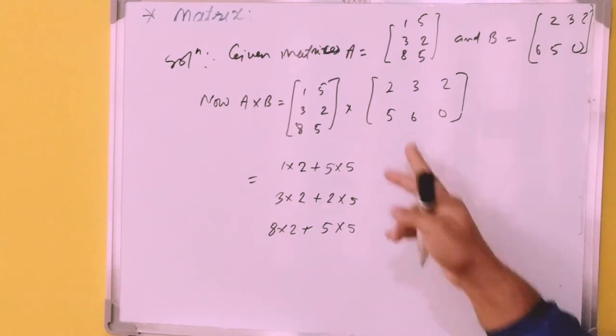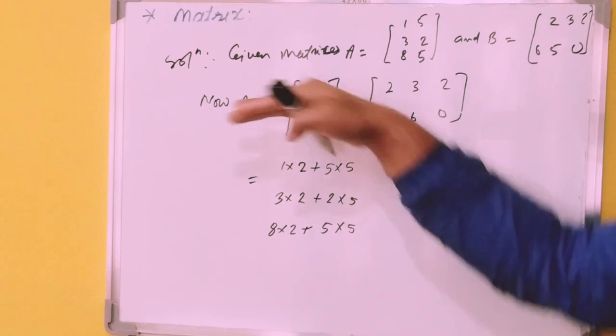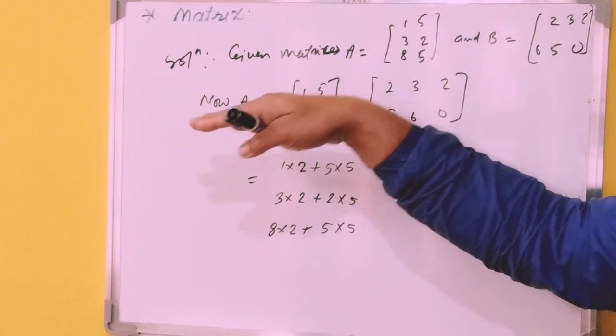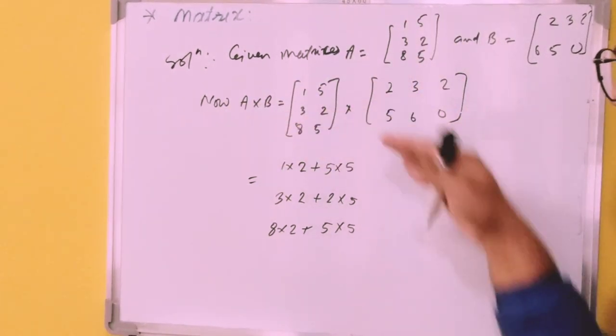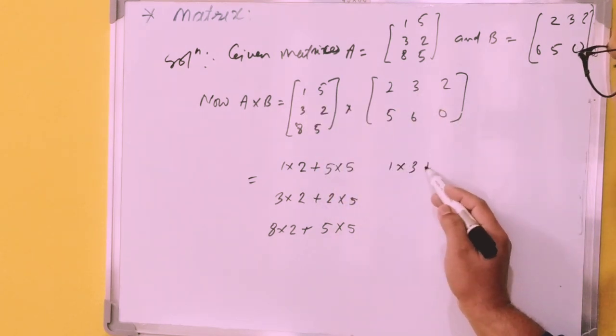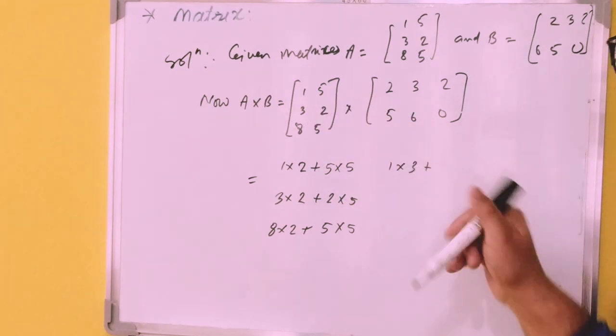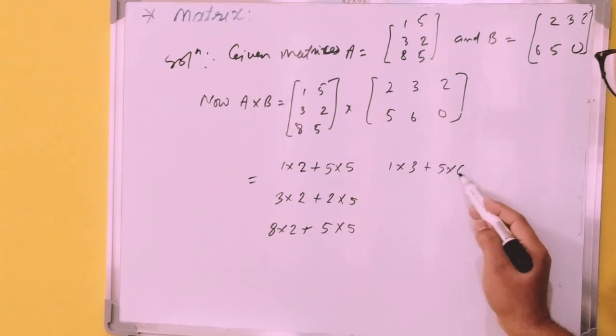Okay, for the second column, repeat the same process: first row, second column, second row, second column, and third row, second column. 1 into 3, plus sign, add that, and 5 into 6.